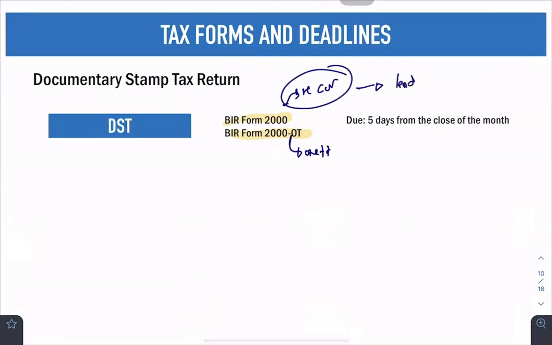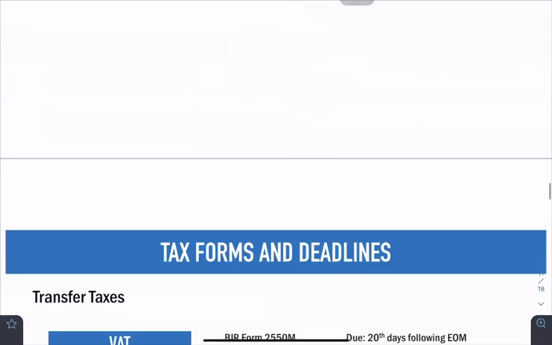So let's say, for example, lending businesses. Lending businesses are always liable for DST because those contracts of loans must be subject to documentary stamp tax. Therefore, they are considered recurring. But if not, then it is 2000 OT. So 5 days from the close of the month, that is our DST.